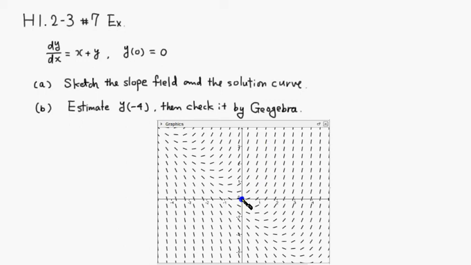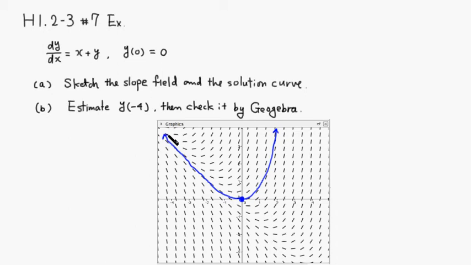You can see that it seems like it's going somewhat like this, right? And on this side, I think it's going to start out flat and go somewhat like this.